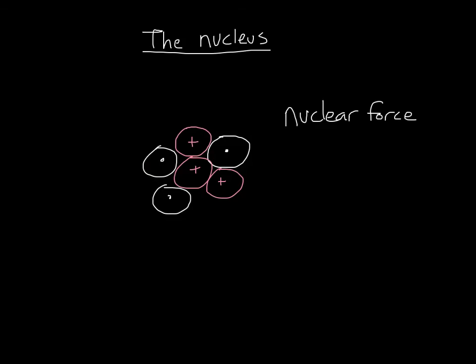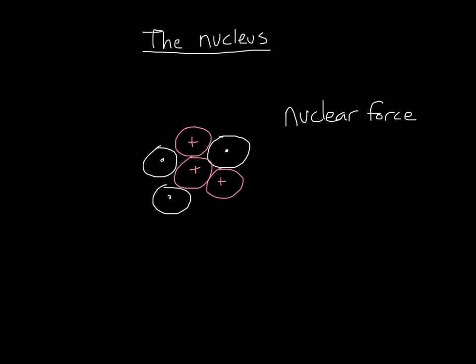They would repel each other, they would fly apart. But when we throw these neutrally charged particles in there, they act as a mediator to hold things together. It's like if you have someone you don't really like, but you have a friend in common. When you're with that friend who you both like, you get along all right. So these protons, even though they repel each other, have their neutron friends there who are neutral. They keep everything safe and keep the nucleus together.